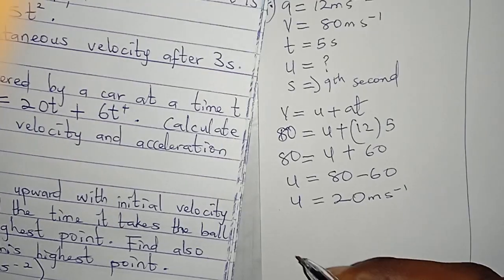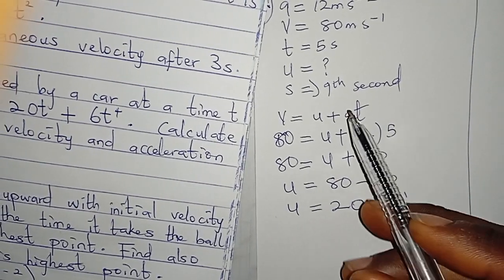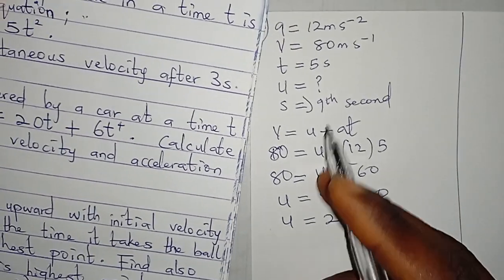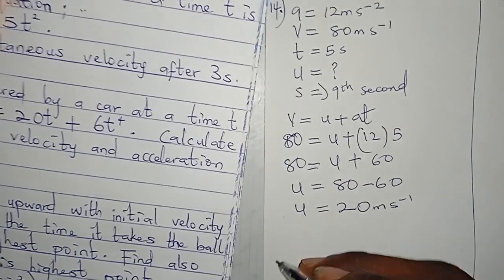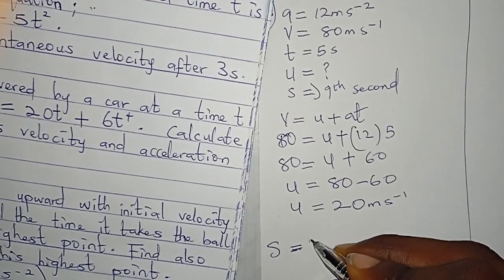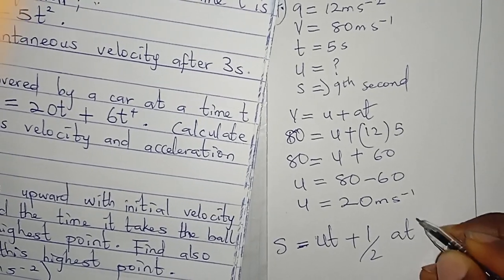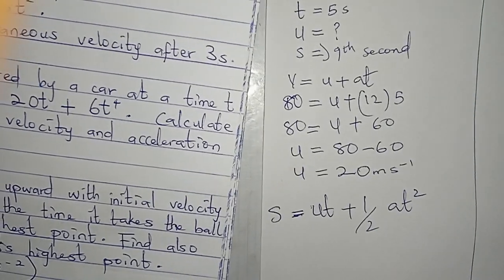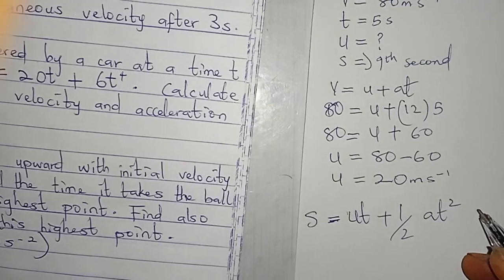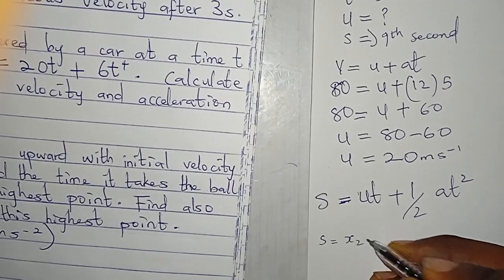Now they asked us for displacement in the 9th second. I want you to remember that they said displacement in the 9th second. Displacement, if you use the equation of motion, is given by ut plus half at square. So if they ask us for displacement in the 9th second, anytime you hear that, it is always x2 minus x1.